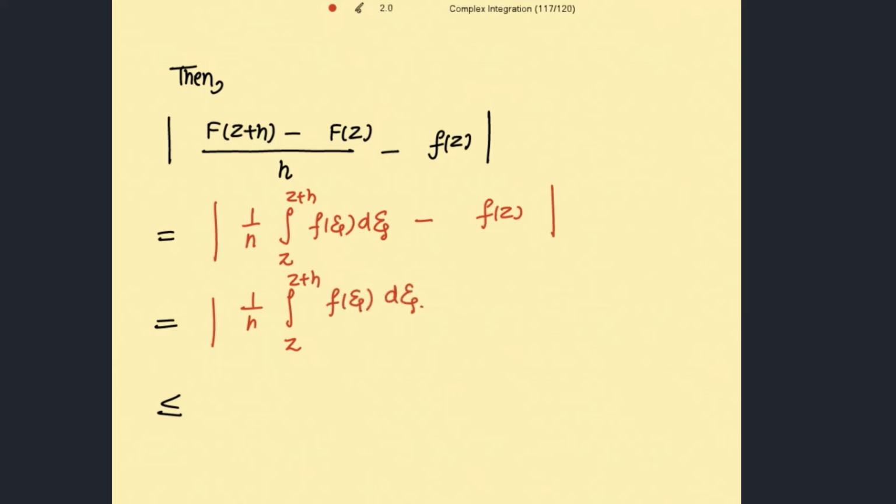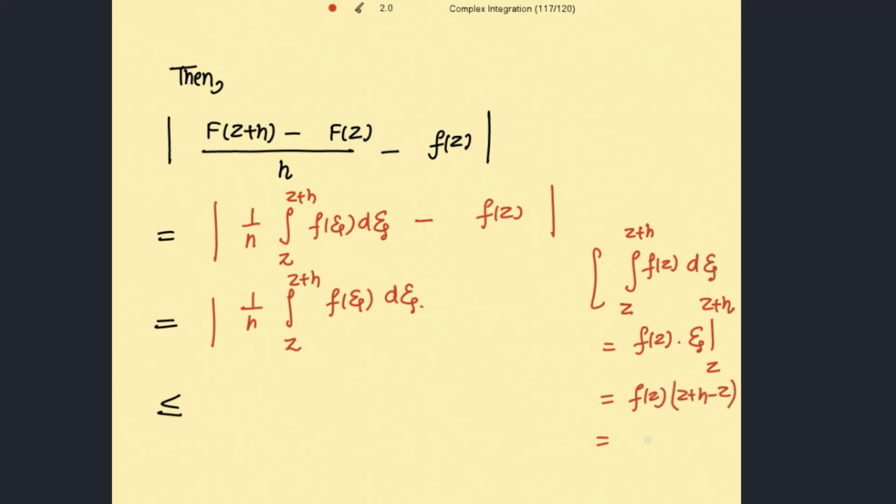Please look over here: if I integrate this f(z) with the limits z and z plus h, dξ, then this value becomes f(z) times ξ from z to z plus h. Putting the limits, this is z plus h minus z, so z cancels out, and this is h times f(z), right?